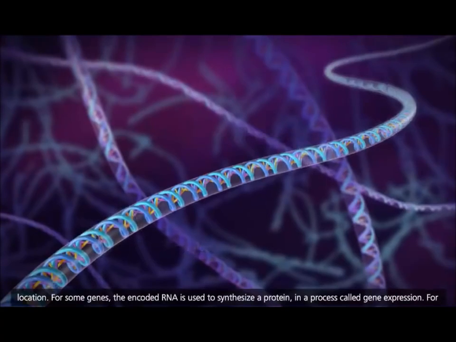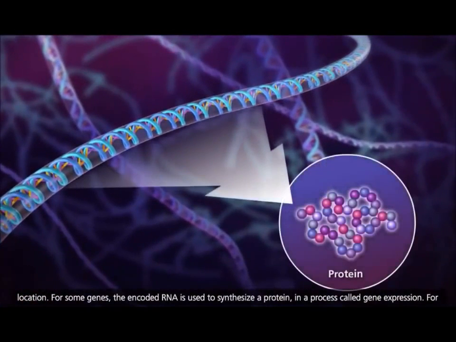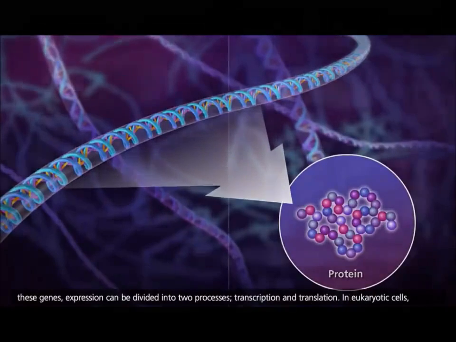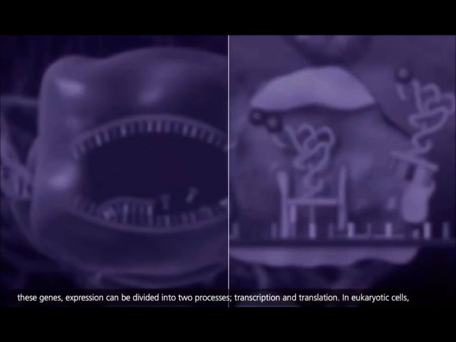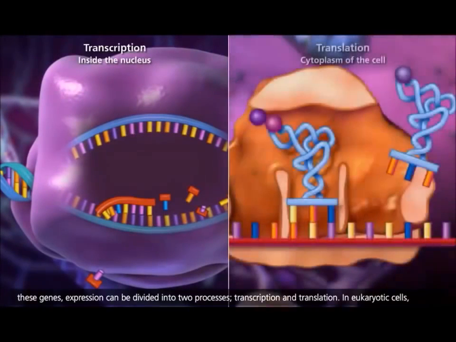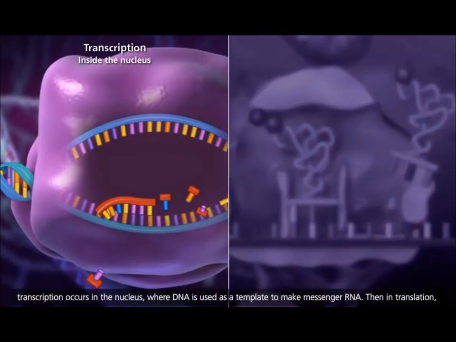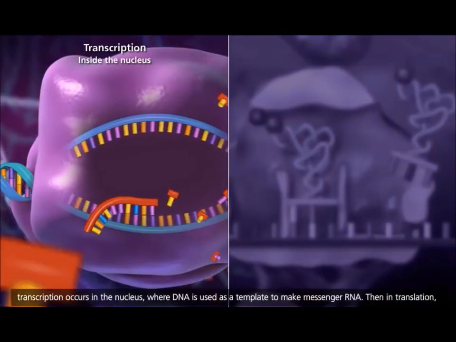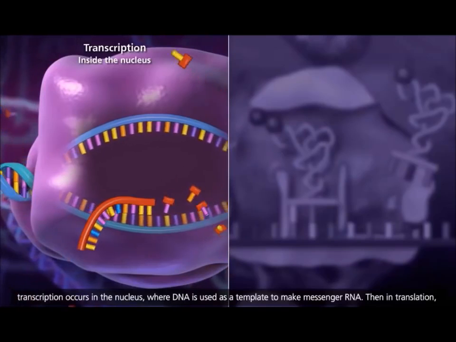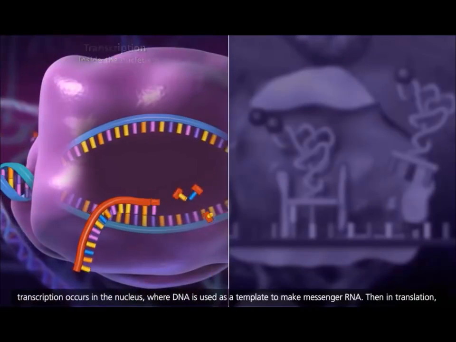For some genes, the encoded RNA is used to synthesize a protein in a process called gene expression. For these genes, expression can be divided into two processes: transcription and translation. In eukaryotic cells, transcription occurs in the nucleus, where DNA is used as a template to make messenger RNA.